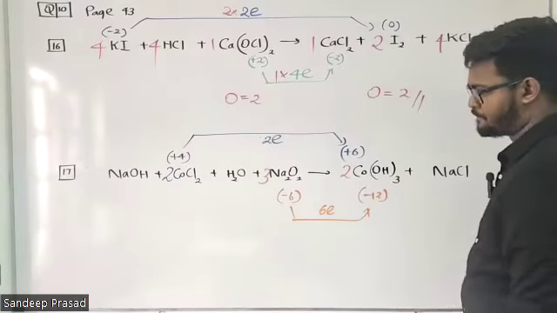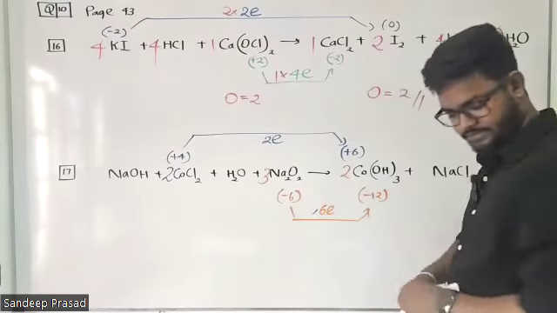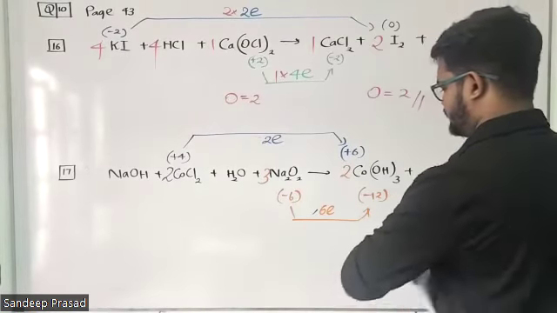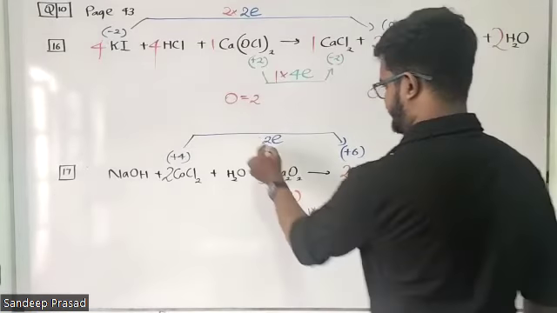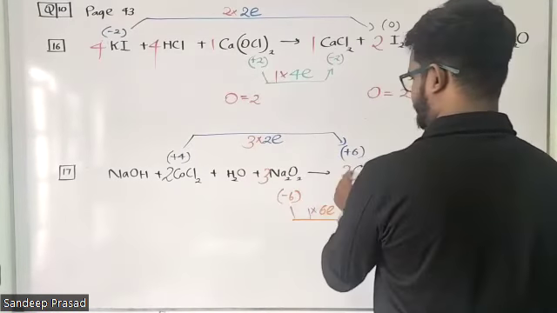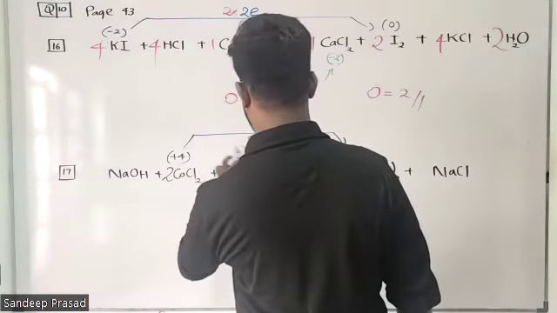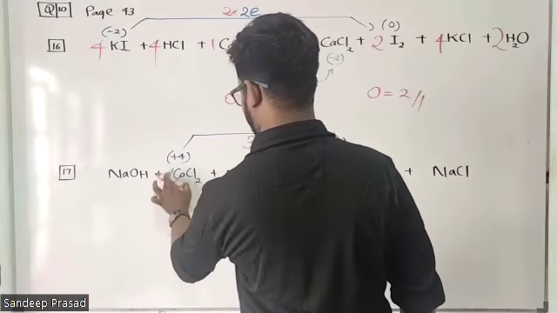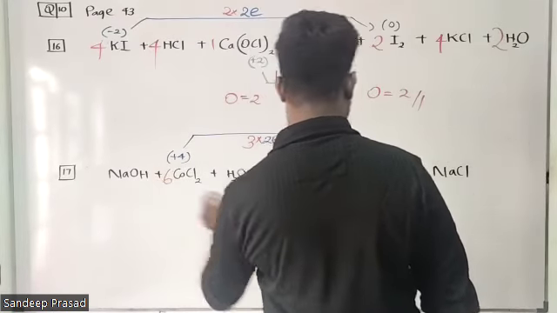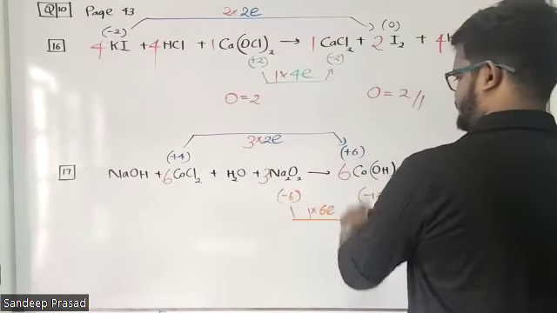Now you can multiply this one by 1. And this one by 3. So when you multiply this one by 3, this becomes 6.